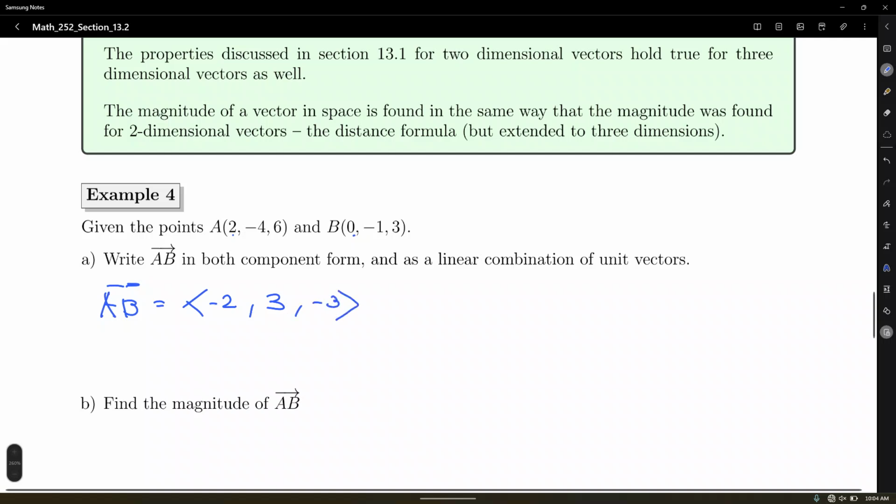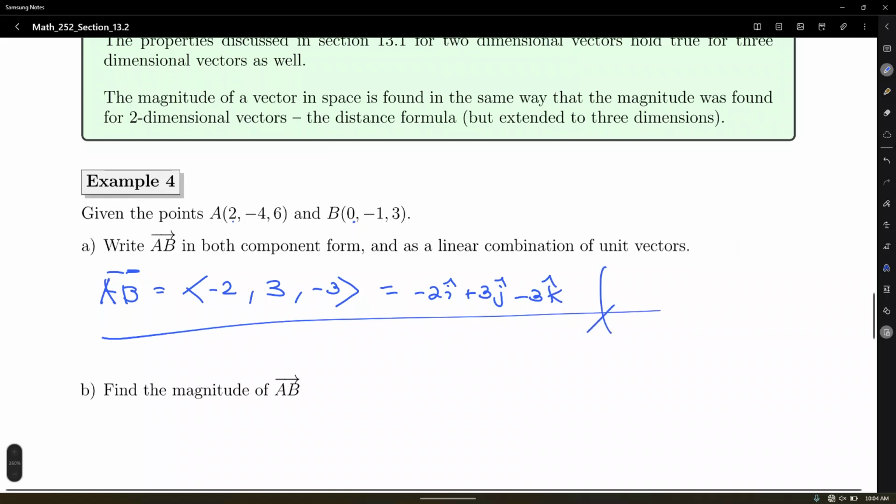So that's a vector in space. In the same way, terminal minus initial, but we do it 3 times to represent a vector in space. And that equals, as a linear combo, -2i plus 3j minus 3k. All right? So it's 2 answers in the same one.